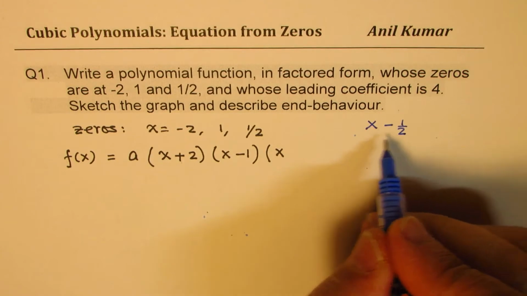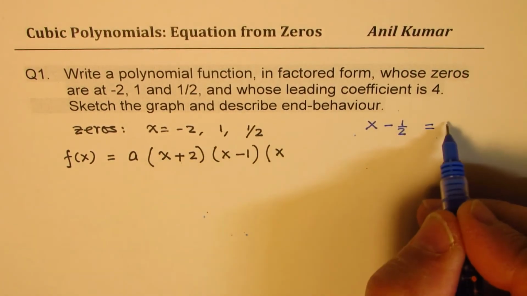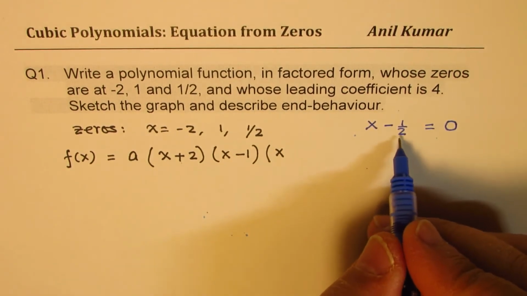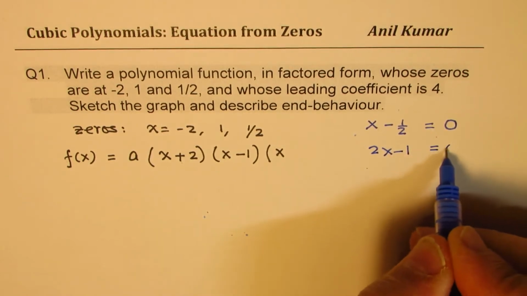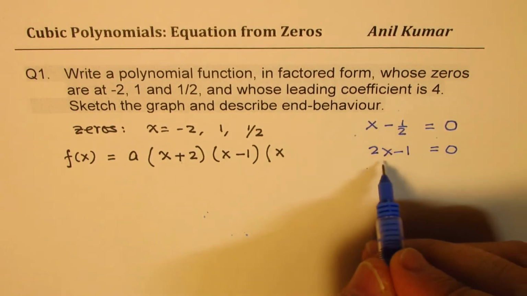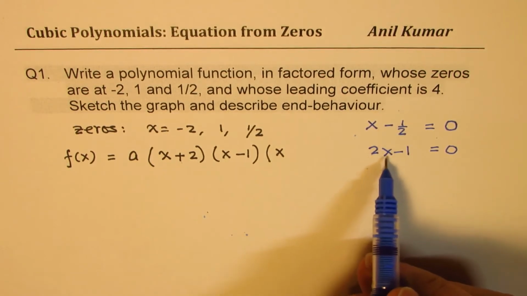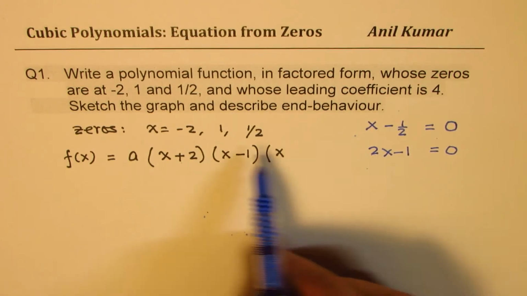However, it is important to understand like this. Now we will always avoid fractions, right? In our factor, every factor should give us a 0, that is the multiplicity of 0. But this is better to write as 2x minus 1 equals to 0. If you multiply by 2, then what you get is 2x minus 1, correct? So 2x minus 1 will also give you a 0 at x equals to half, right?